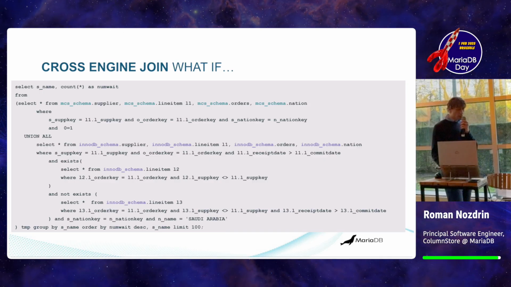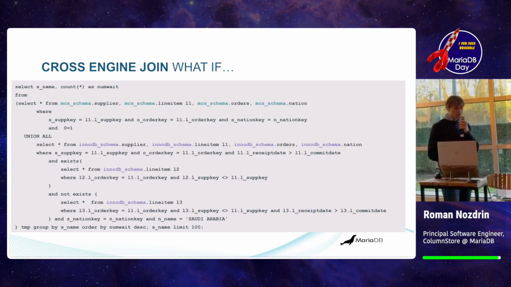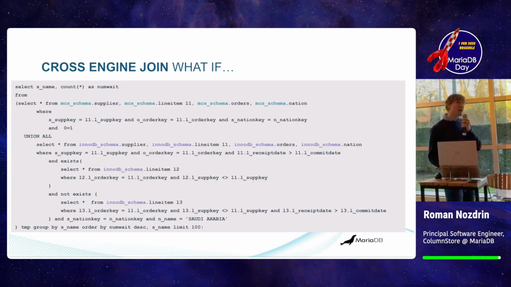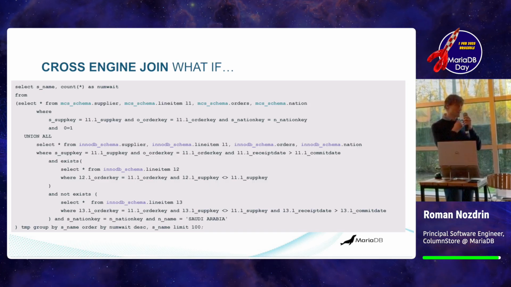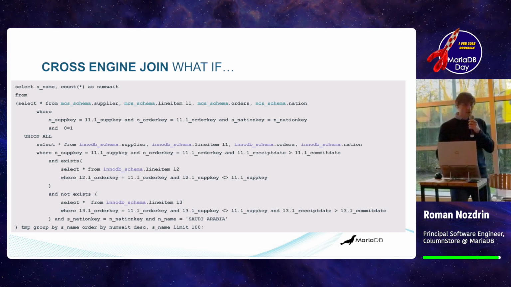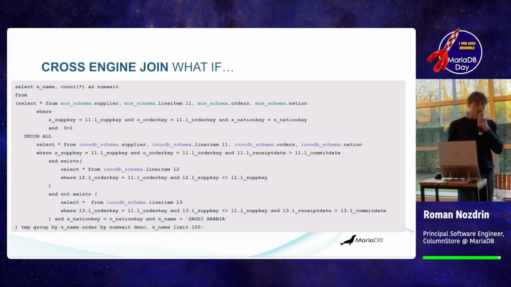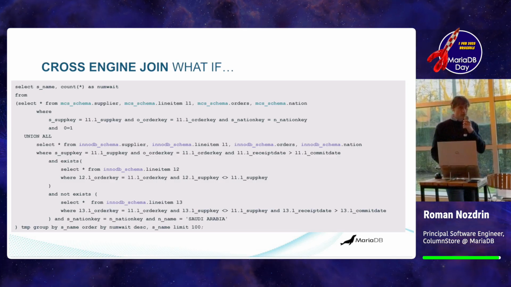But with these ugly rewrites, despite being ugly, we will have 15 point something minutes, so more than 2 times faster. And this is only scale factor 10, so we are talking about 10 gigabytes worth of data.